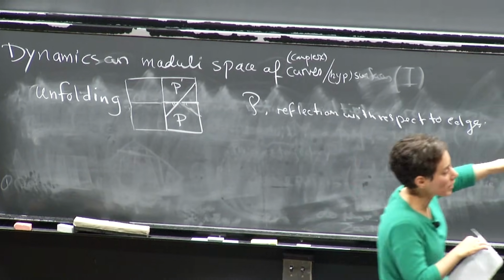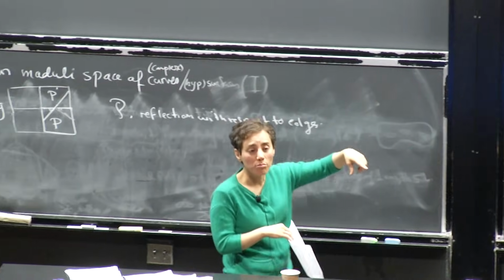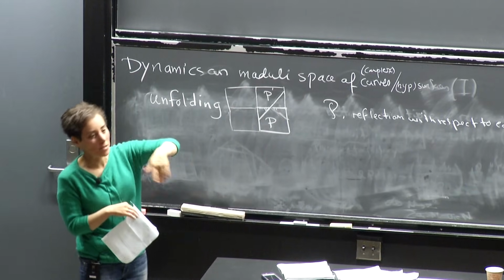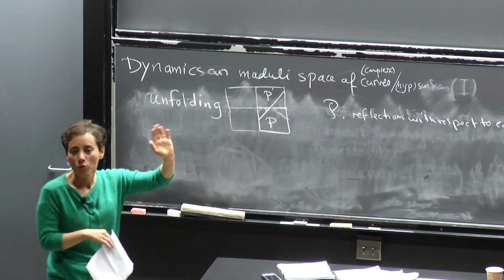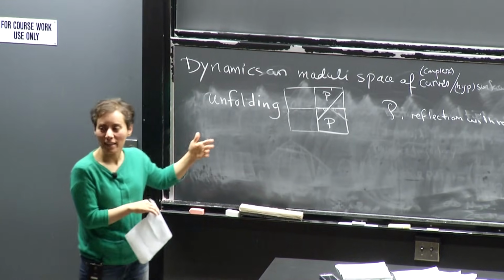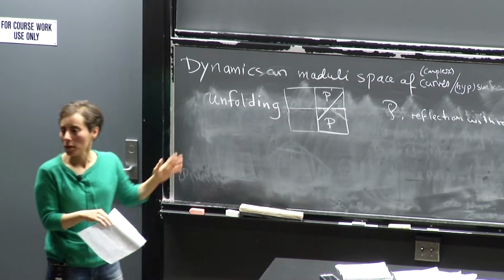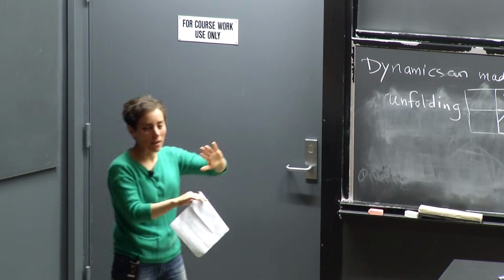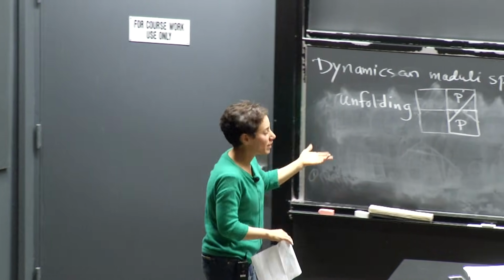This is just a simple exercise, because the angles are rational multiples of pi. After some time of doing this reflection, it comes back to itself, or some multiple of 2 pi. You can do the same thing if the angles are irrational multiples of pi, but then you get a very complicated space, which is very difficult to understand.